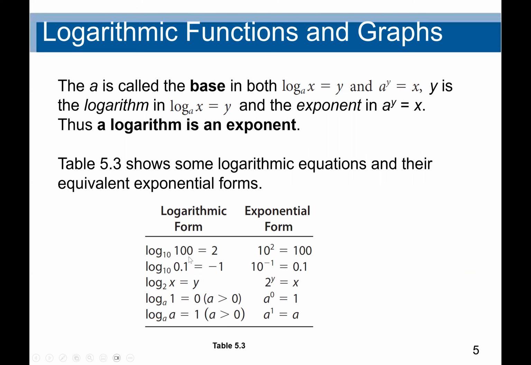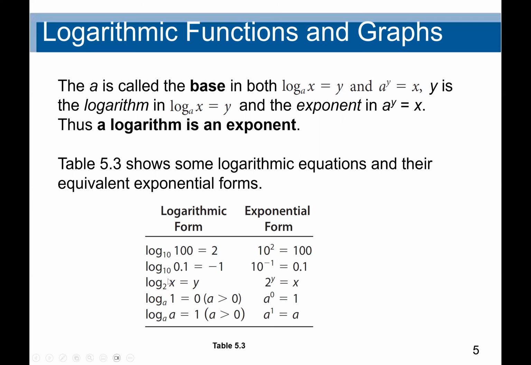Now we have a table here giving us some examples, with the log form and the exponential form. Log base 10 of 100 is equal to 2 is the same as saying 10 to the power 2 equal to 100. In exponential form, the 10 also is a base, and 2 becomes the exponent, which equals 100.